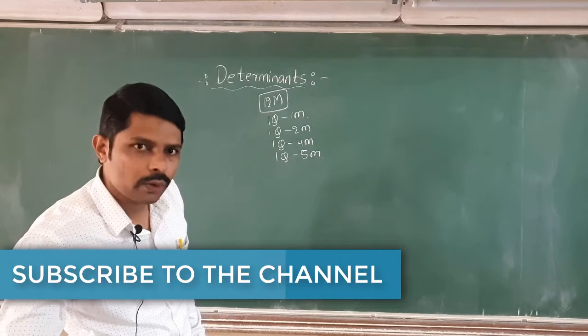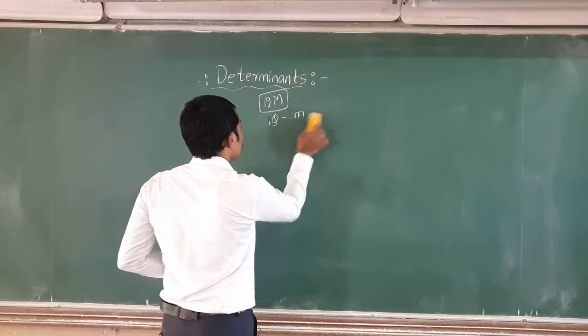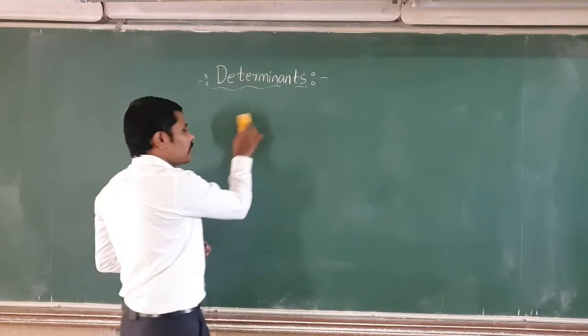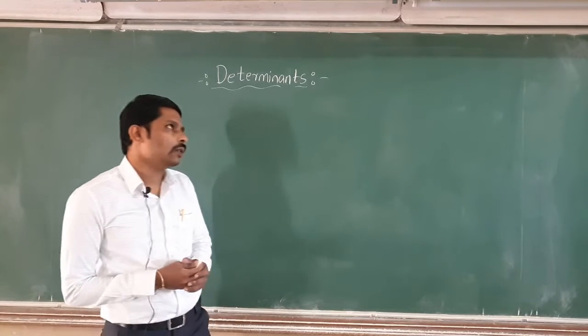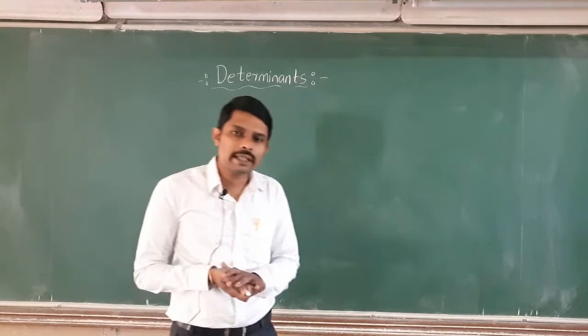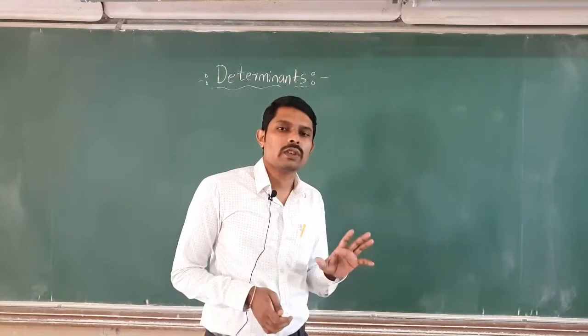Okay. Now, we will move to the definition of the determinant. What is the definition of the determinant? How to find the determinant? We have already seen the definition of the matrix. Matrix is nothing but just a rectangular arrangement of numbers or functions.